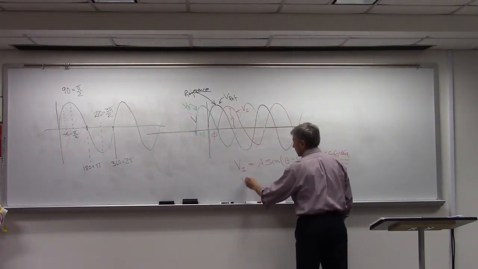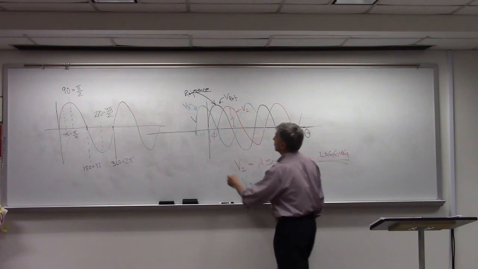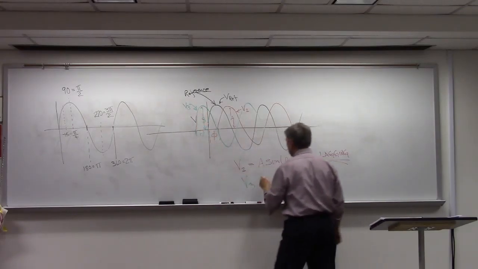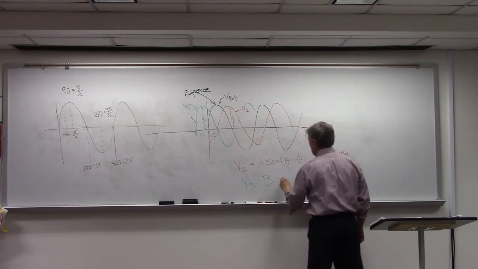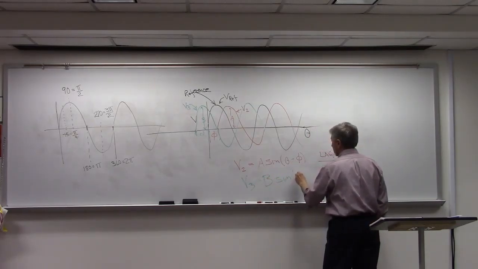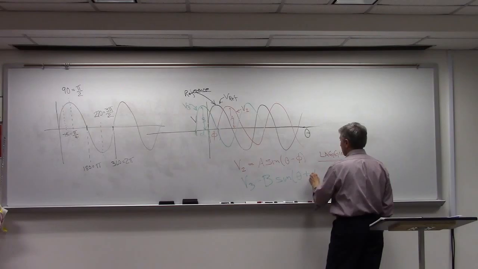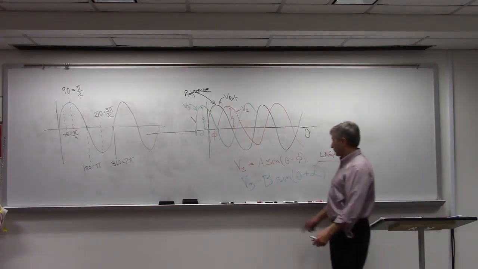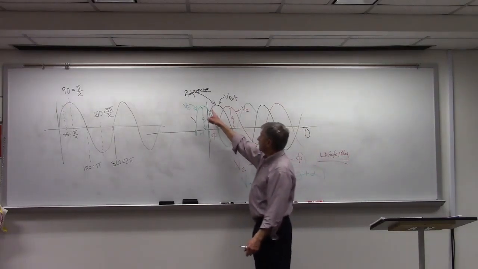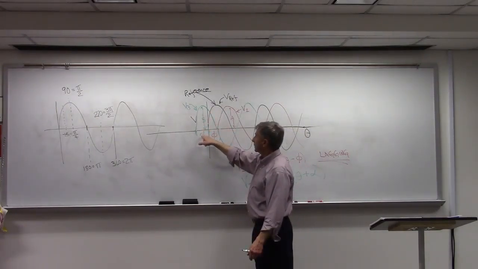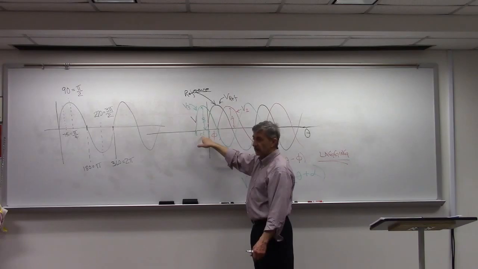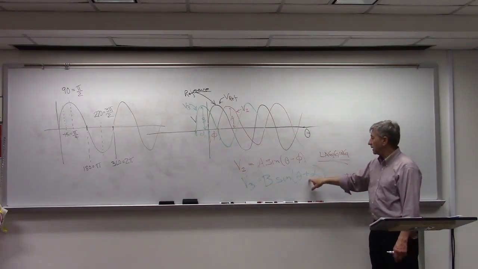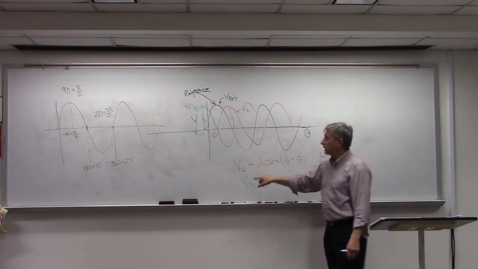So V3 is equal to B, the magnitude, times the sine of theta plus alpha. So I take the reference and I add the angular difference between the two, and I put that inside the parentheses, and that is the equation for the green sine wave.